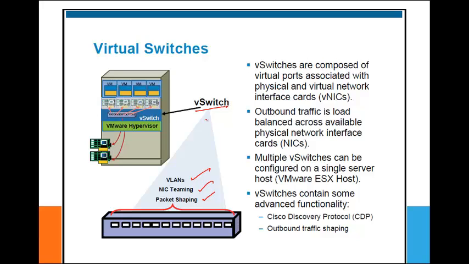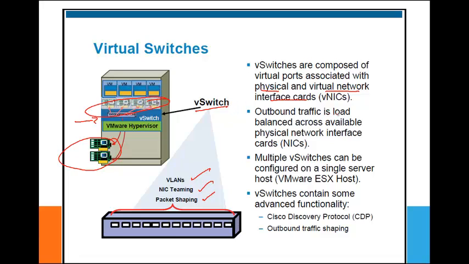So vSwitches are composed of virtual ports associated with physical and virtual network interface cards. Here we see the virtual interface card, vNIC, and we have the physical card, VM NIC. In the middle we have the vSwitch. So the vSwitch has two components, one is VM NIC, another one is vNIC.